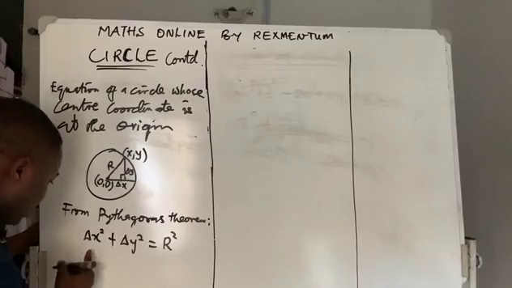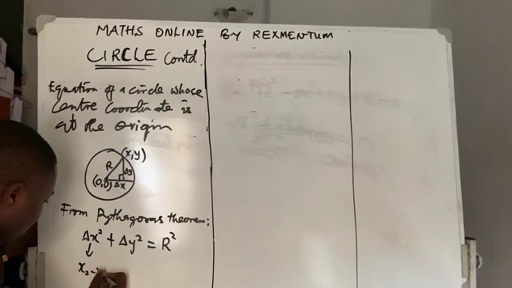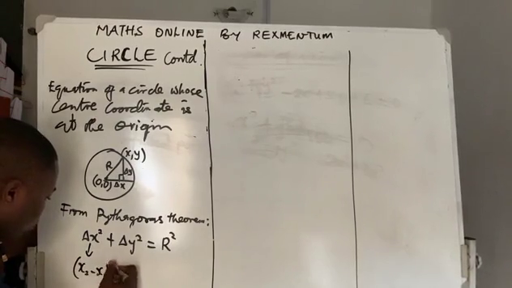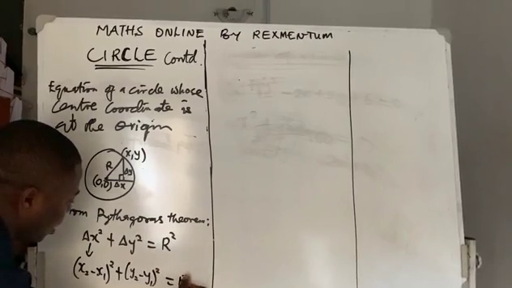Which implies our change in x simply means (x2 minus x1) all squared plus our change in y is (y2 minus y1) all squared is equal to r squared.